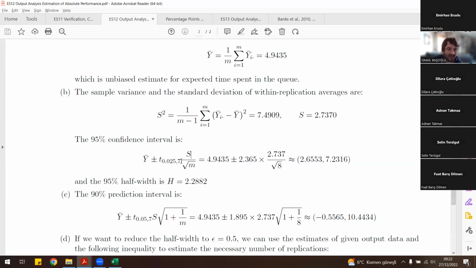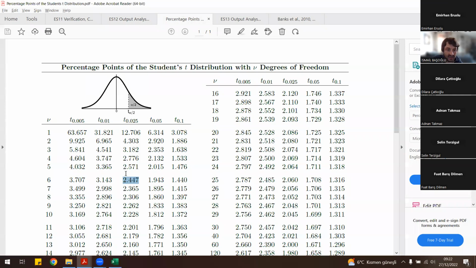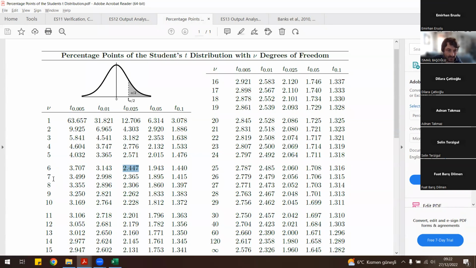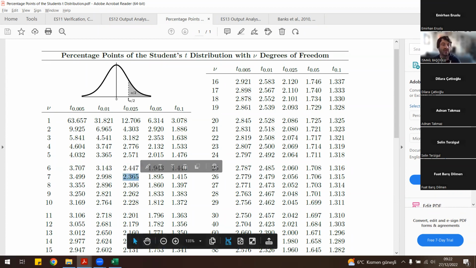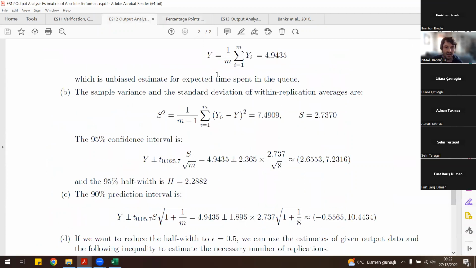And for that probability and degrees of freedom 7, we can check the t table. For degrees of freedom 7, the t quantile we need to take is 2.37, as you can see. For 2.37 here, we can build our confidence interval as 2.65 and 7.23.